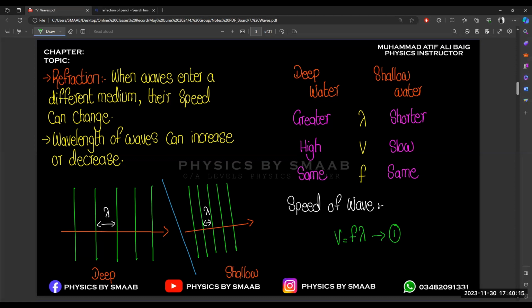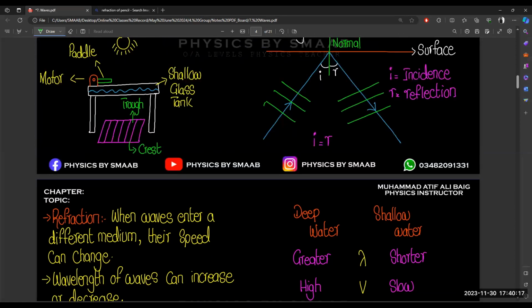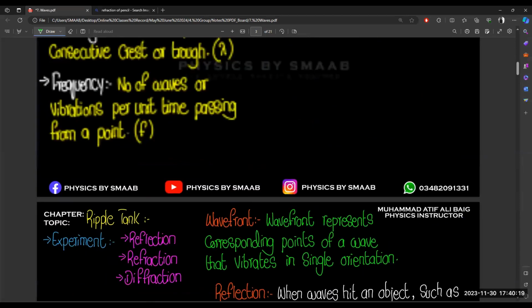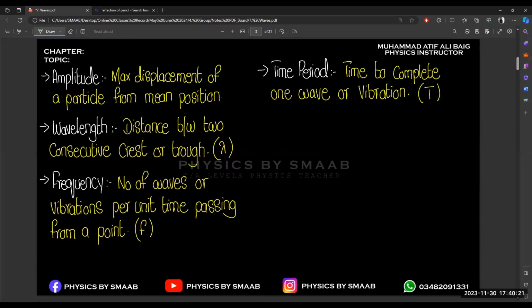And one more important thing, last time we discussed about frequency and time period. If you compare frequency with time period, there is an inverse relation of frequency and time. So sometimes in a question, the value of frequency is not given or the value of time period is not given, but the opposite value is given.